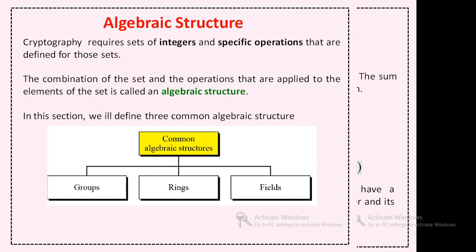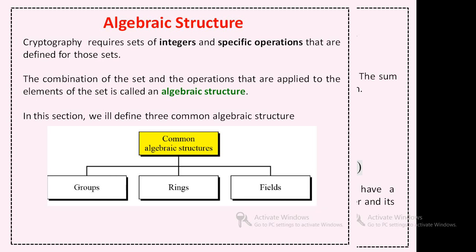Now this is where our discussion starts, where the algebraic structure and the discussion of groups, rings and fields will come into the picture. This is a part which is purely based on discrete mathematics and its application area. For the time being, whatever we are going to discuss is not directly related to the application of cryptography as of now, but we will use this concept some time later.